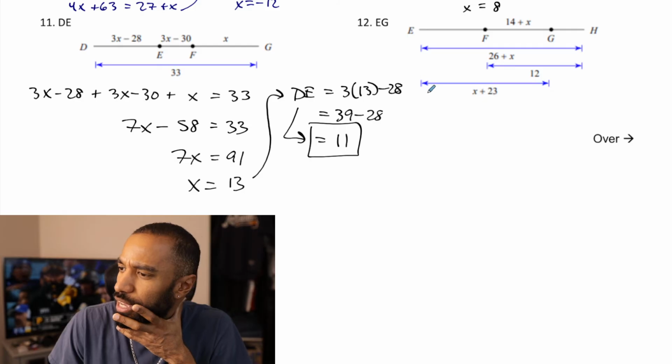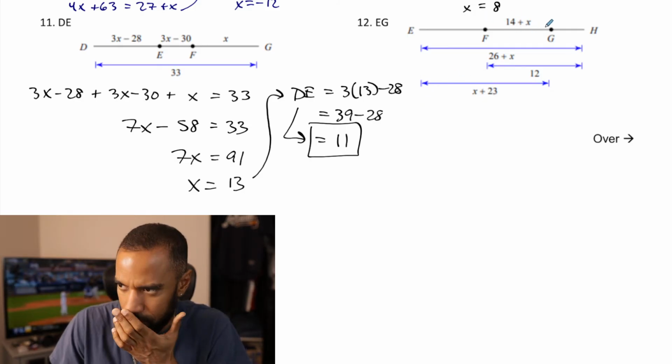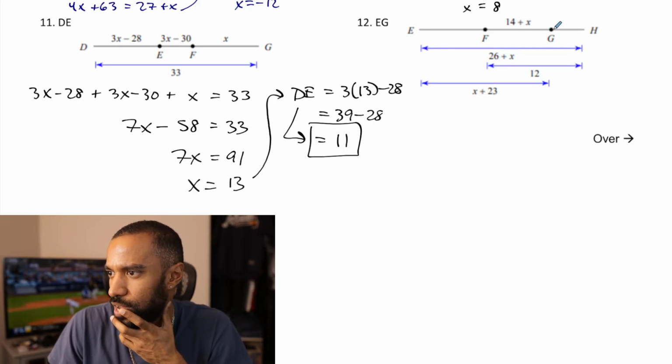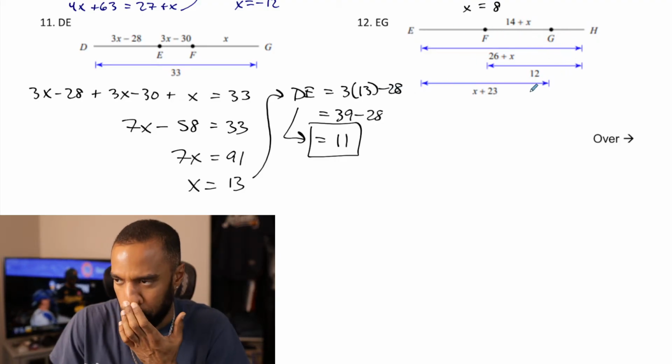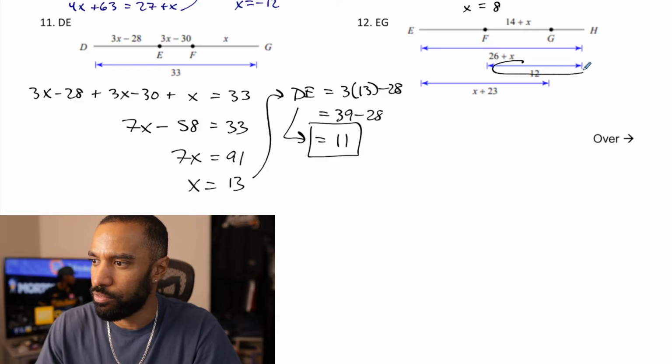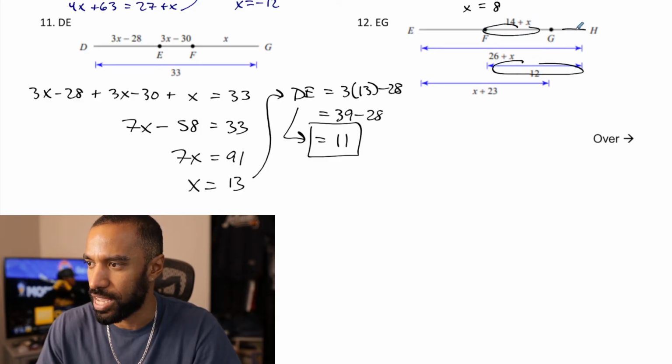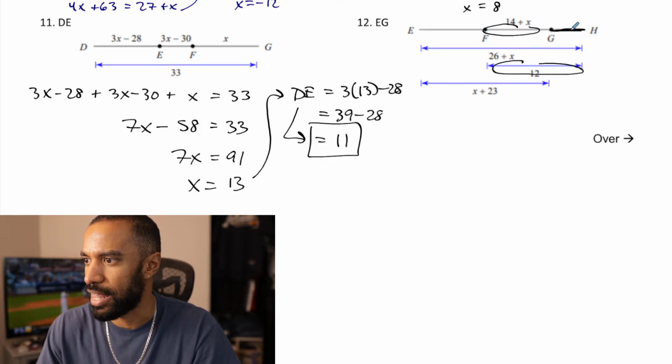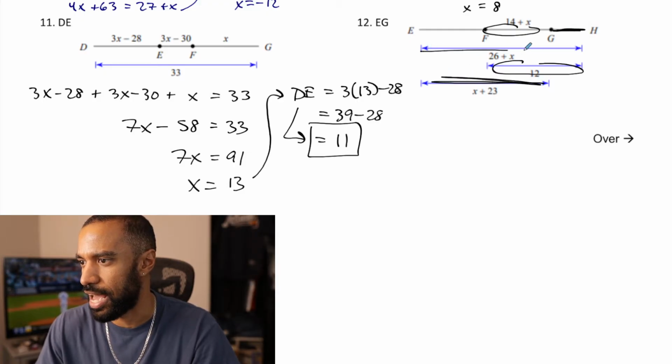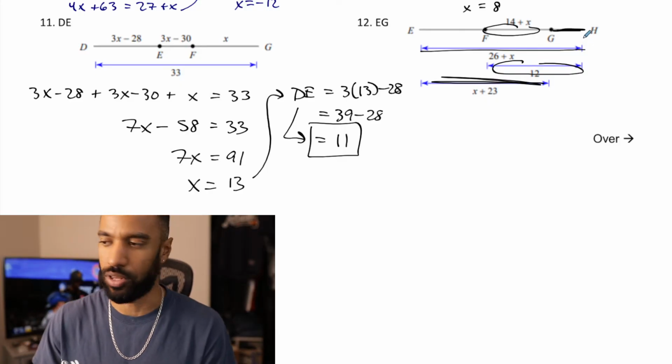What's the strategy? We've got to find 14 plus x here. 12, we can get this part, and then this part plus that part can be the whole thing. So I'm going to take 12 and subtract 14 plus x to get this, and then I'm going to add this with this to get the whole thing. I know that's a lot of me strategizing.